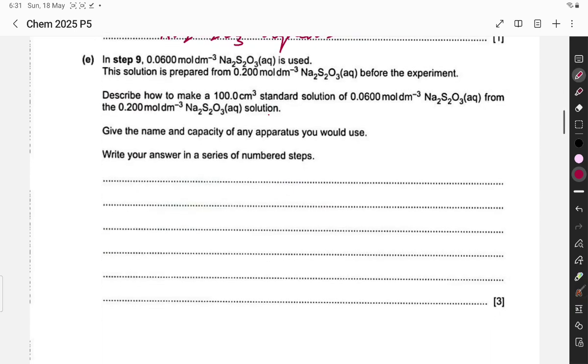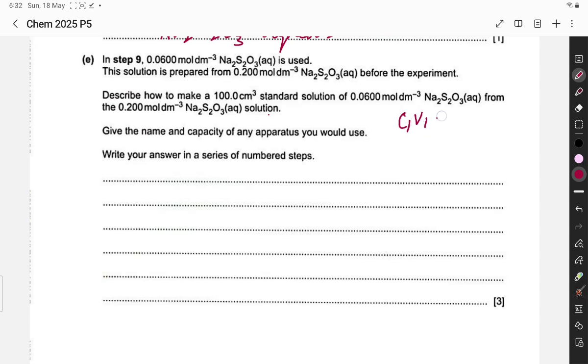In step 9, 0.0600 mol per dm³ sodium thiosulfate is used. This solution is prepared from 0.200 mol per dm³ sodium thiosulfate before the experiment. Describe how to make 100 cm³ of standard solution of 0.0600 mol per dm³ from the 0.200 mol per dm³ solution. Give the name and capacity of any apparatus you would choose.